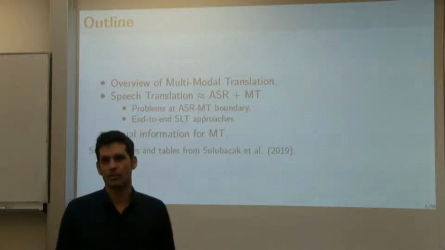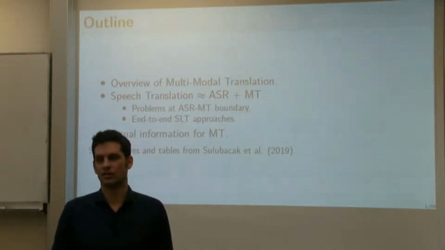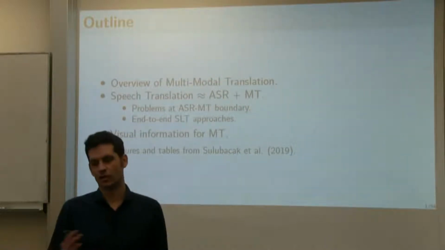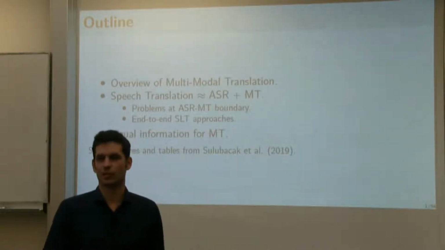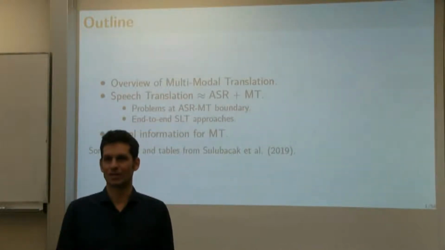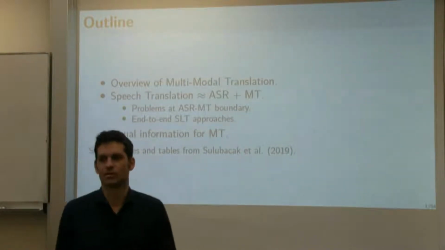And there we'll talk about the immediate integration of these two independent systems, so if we just put them one after another, and we'll contrast that with recent approaches where the whole task of going from the source language speech to the target language text is being modeled in one step with some deep neural network. So that would be the end-to-end approaches.